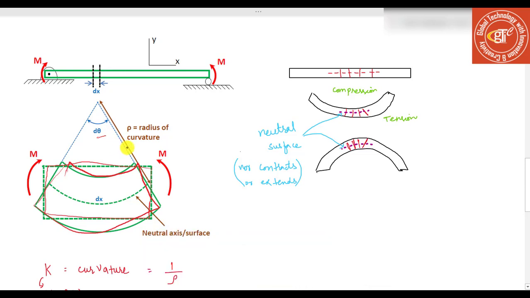When I bend this beam with constant moment on either side, you can see that the top, above the dash line, that section of the beam is in compression. Those compress together, and the bottom of the beam is in tension. But there is a line or a surface or an axis right along the center where the beam neither contracts or extends, so it's not in compression or tension, and we call that the neutral surface.